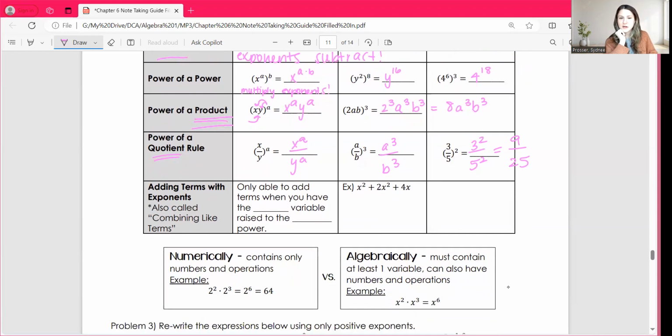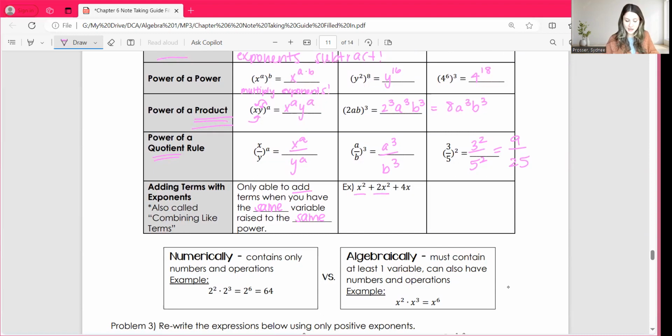And then just a little reminder, adding terms with exponents, also called combining like terms, you're only able to add terms when you have the same variable raised to the same power. Okay, so notice in this example, I have the same variable and the same power.